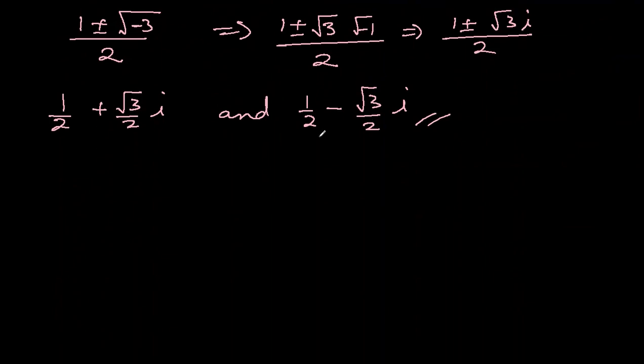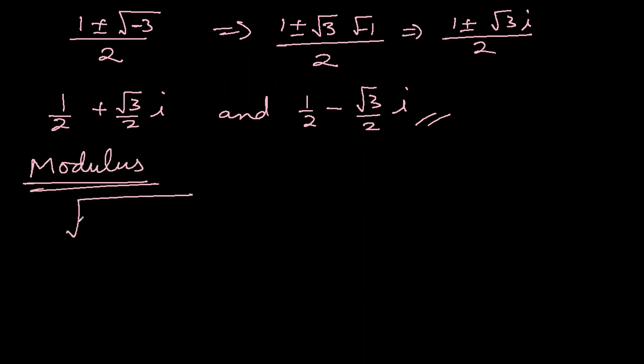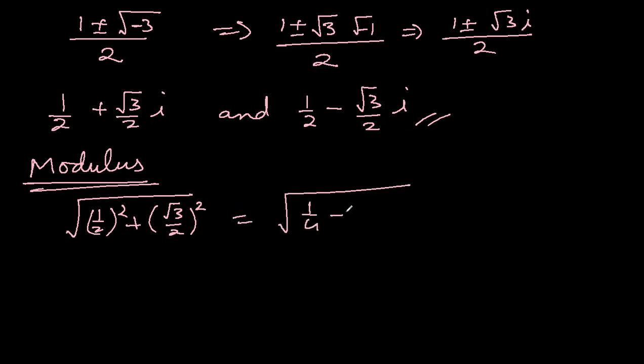Since they have just plus and minus, their modulus is going to be the same. Let's confirm. For modulus, we square the real part, which is half, and we square the imaginary part, which will be 1/4 for this one, and then 3/4 here. 1/4 plus 3/4 is 1.